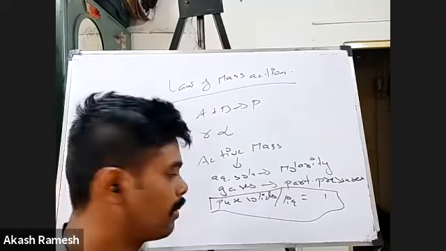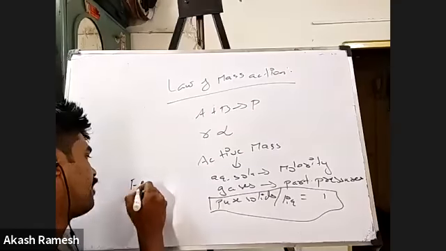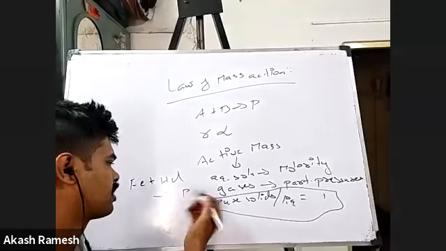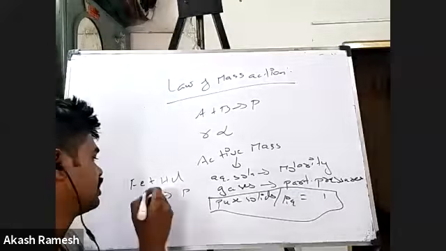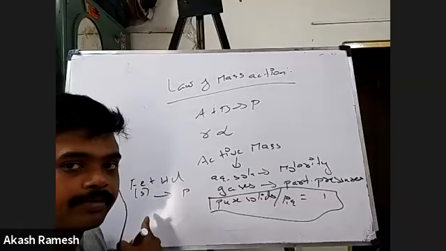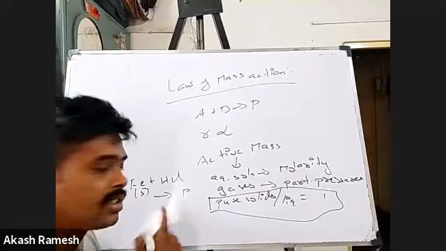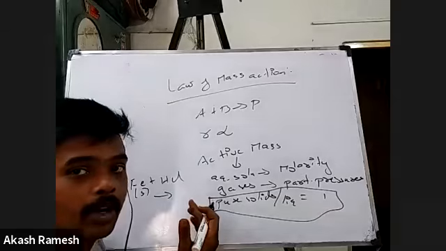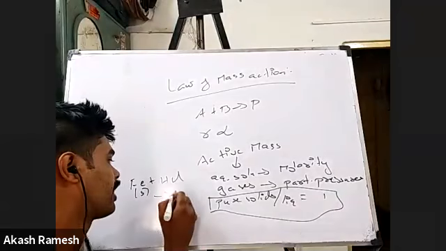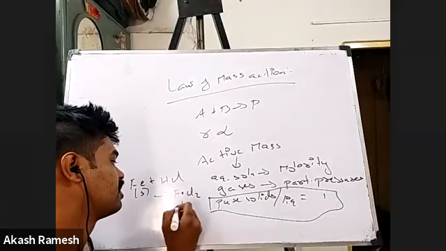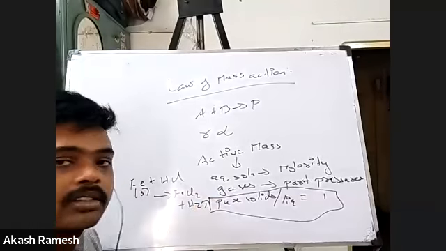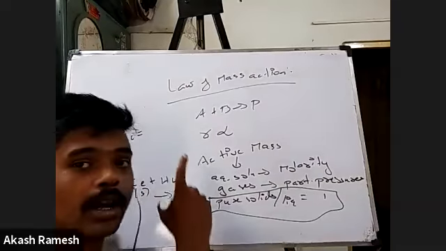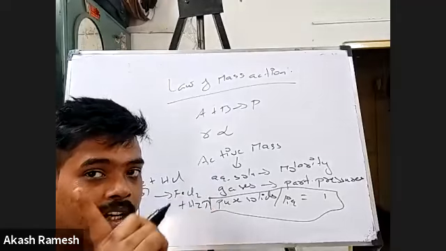For example, in a chemical reaction like this, say I have Fe plus HCl giving some products. Now look at this: Fe is in solid state. If I'm going to write the Kc, the equilibrium constant, which is studied in the 11th class, what will you write?